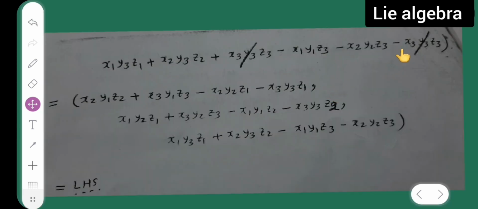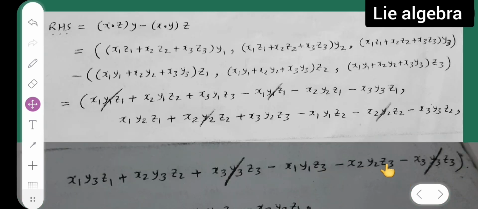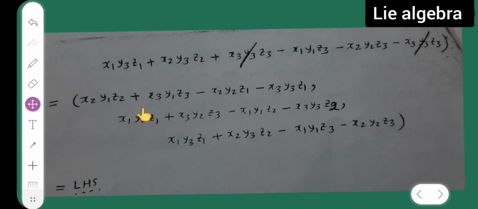So this is from the previous page, and whatever is getting cancelled you have to cancel. Now x1 y1 z1 minus x1 y1 z1 is getting cancelled. Then x2 y2 z2 minus x2 y2 z2 is getting cancelled, and here x3 y3 z3 minus x3 y3 z3 is getting cancelled. Whatever is remaining, write it here.